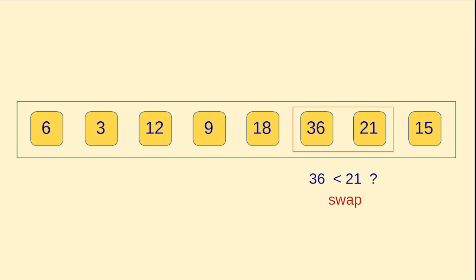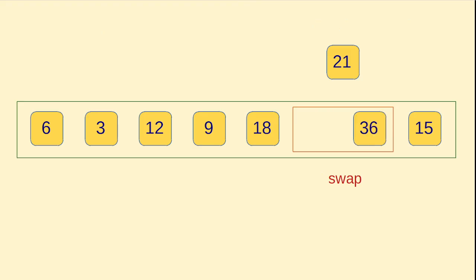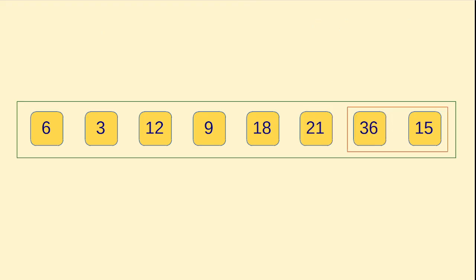Then we decide to swap again. Then our attention moves to the next pair, and again we compare. We find that the result of comparison is not true, it is false. Then we decide to swap.